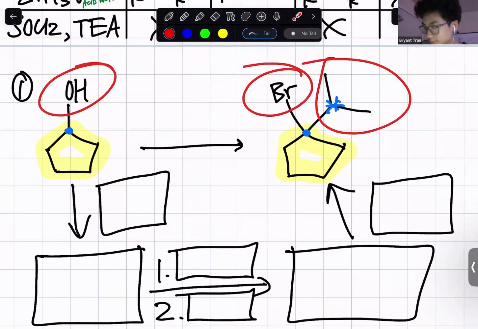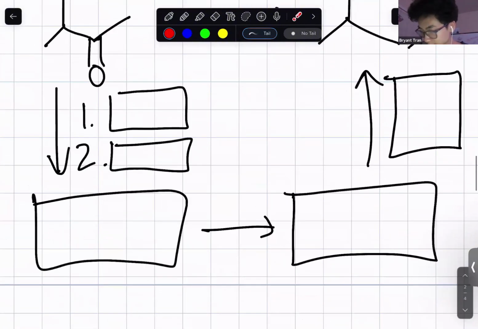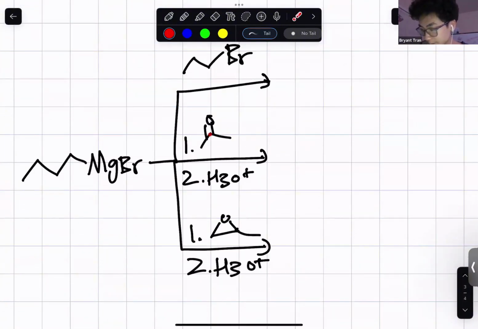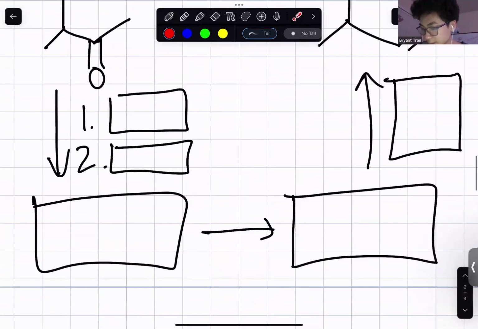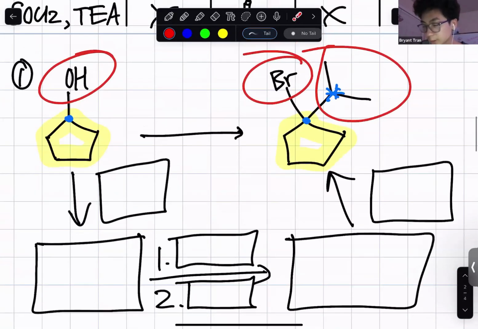Let's say that this turns into a carbonyl, right? Like this blue carbon here was a carbonyl carbon, because a Grignard reagent can attack a carbonyl carbon right there, giving an OH. So what reaction do you know that converts this alcohol into a ketone?